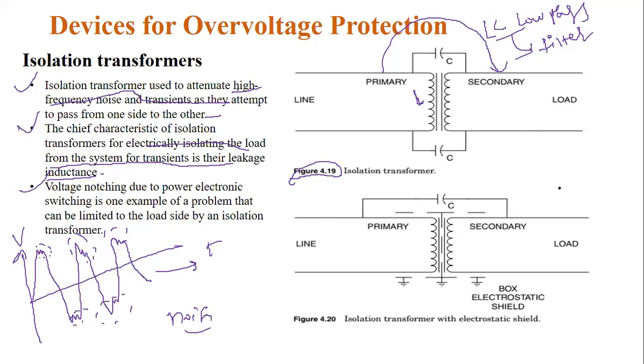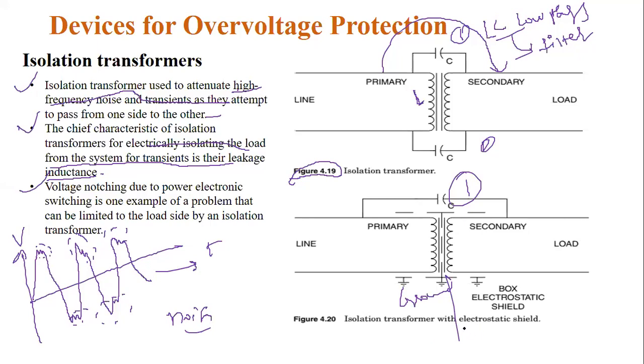So this is one type of isolation transformer, the LC filter. This is another one that is connected to the grounding. Now see here, both sides we are assuming as a capacitor, nothing but LC, as this side as well as this one and this one. Now see here, at one side only you can consider the capacitor, and the other side you can consider it as a ground.